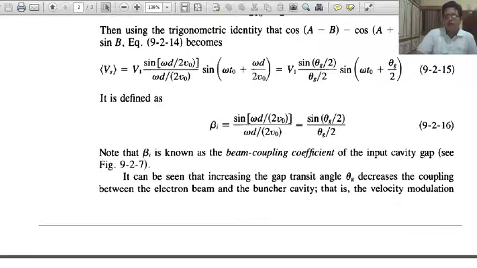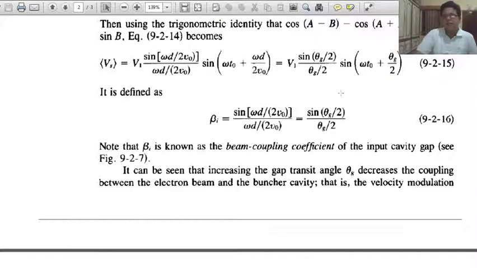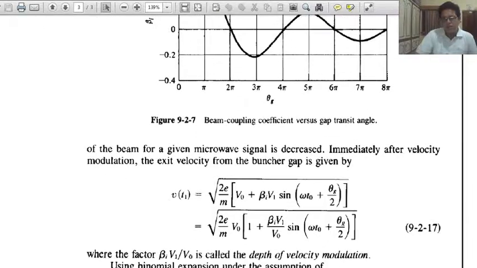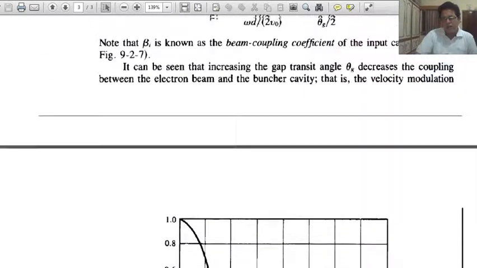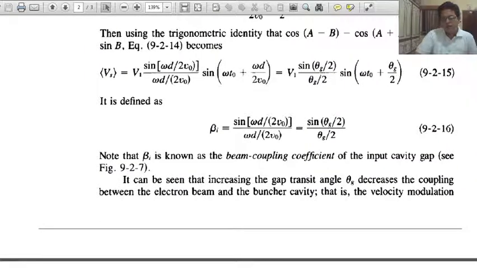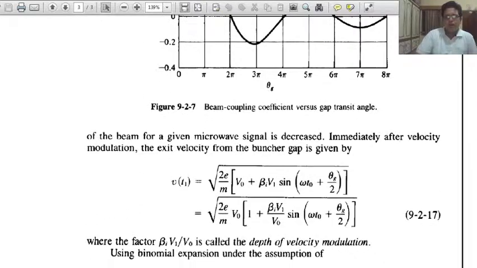Here we see the expression for the average signal V1 sin theta z upon theta z, and this is beta I, V1 beta I sin omega T0 plus theta z upon 2.